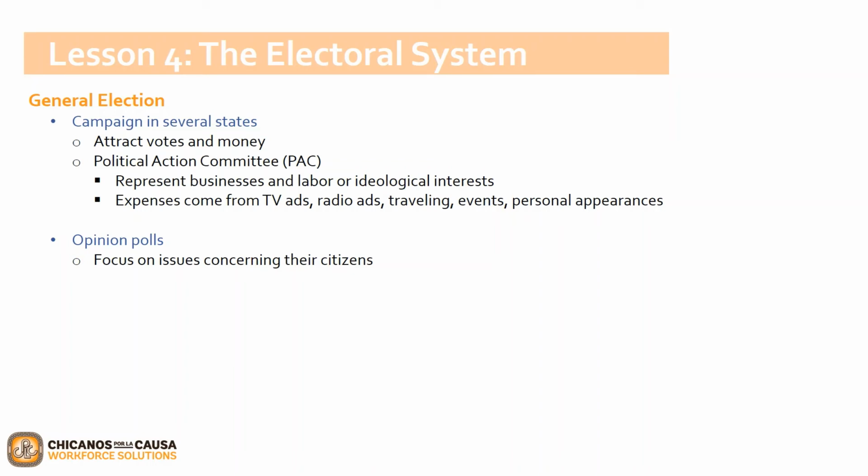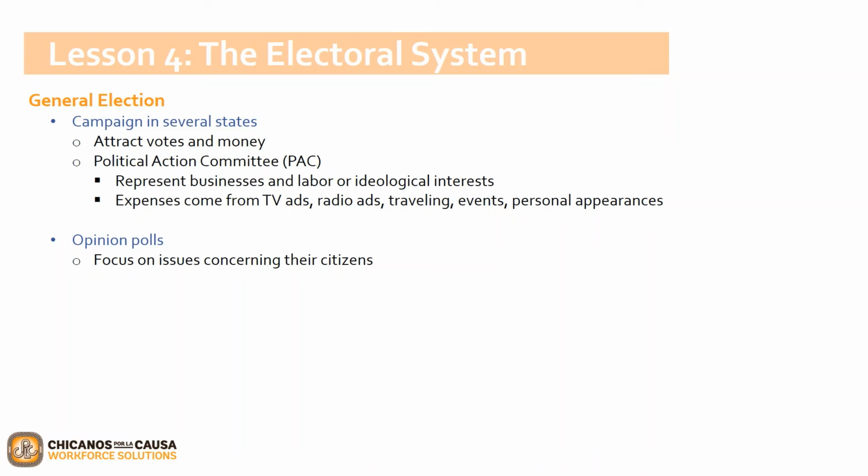In the months leading to the general election, the presidential nominees campaign in several states to attract money to fund their campaign and attract votes. Due to the expenses in campaigning, the political parties rely heavily on fundraising that goes through the Political Action Committee, or PAC. These committees represent businesses and labor or ideological interests.